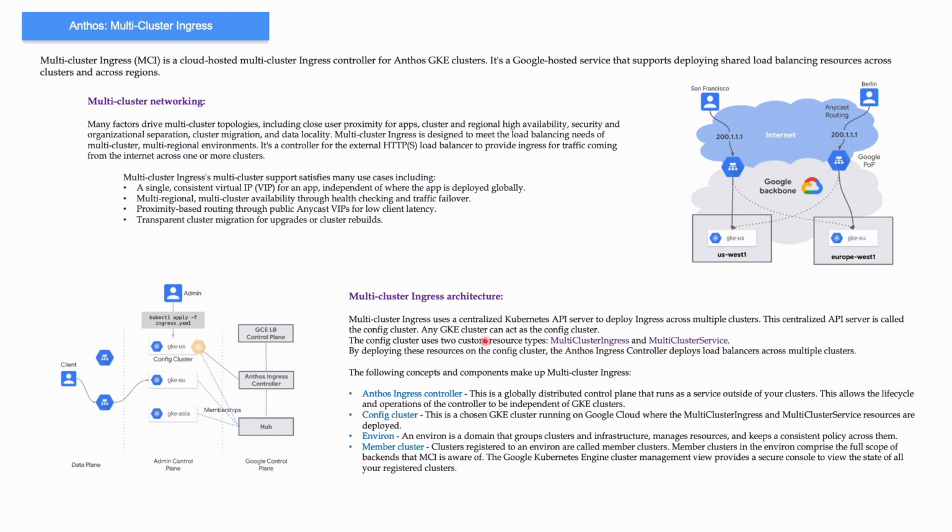So I hope at least it gives you knowledge of how to make a multi-cluster architecture. How important is the networking part of it, how important is the ingress part of it, and how important is the service mesh part of it. And then you have your standard Anthos UI and everything to have a complete view into everything.